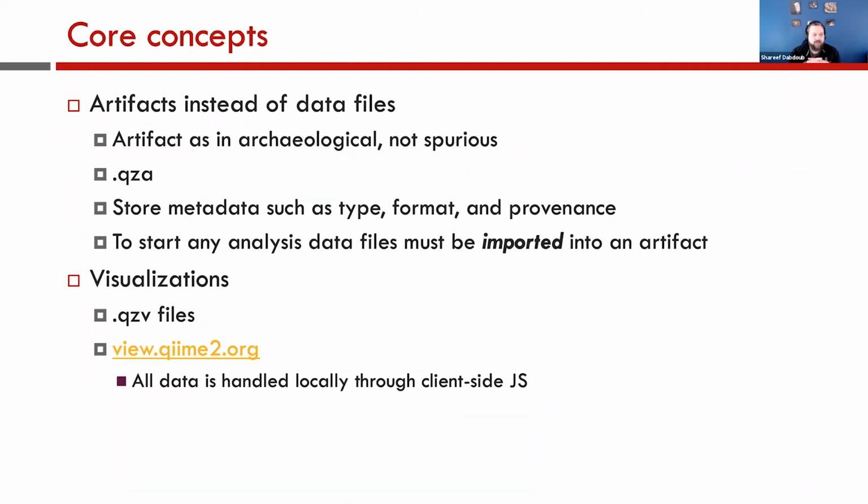It's entirely done in the browser, so it's not giving data back to them. It's all done in JavaScript in the browser, so all the computations and data stay on your computer. But that's their standard tool for viewing both the artifact files, the information stored in them, as well as the visualization files.